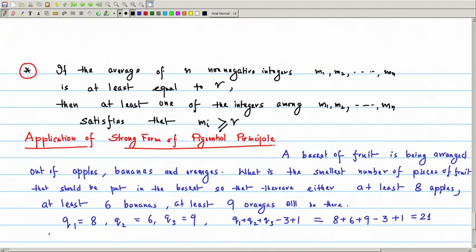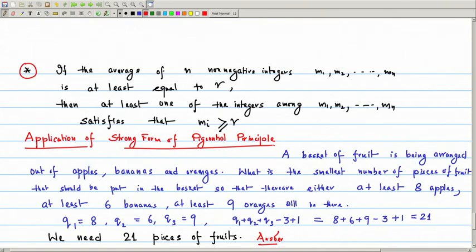So, we need 21 pieces of fruit, and this is my answer. Directly we can apply the strong form of the pigeonhole principle to solve this type of problem.